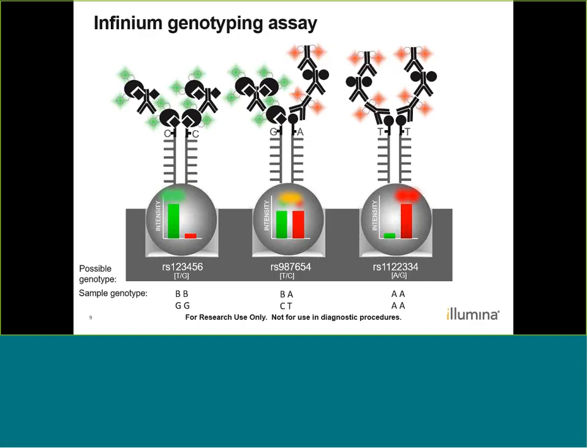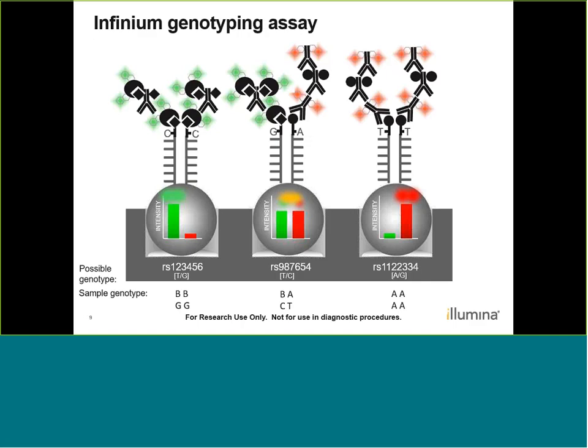In this case, both alleles are the G genotype, and so this particular bead is all green. In the middle, this is a heterozygote, meaning one chromosome has the T and one chromosome has the C. This is pseudo-colored as yellow when we look at the scan images.